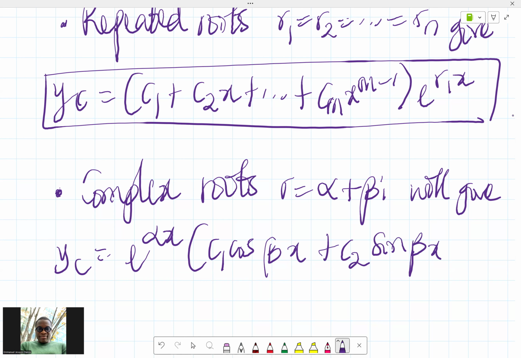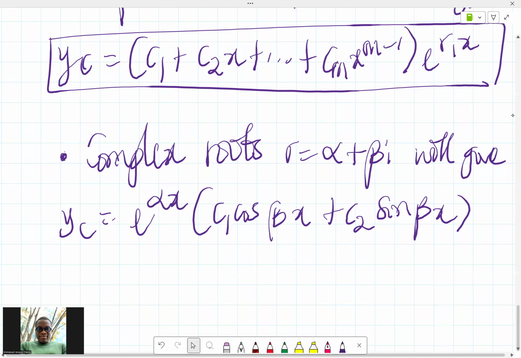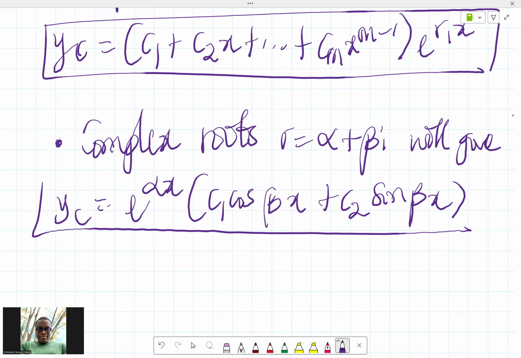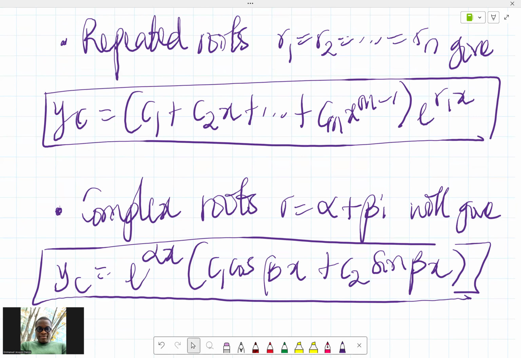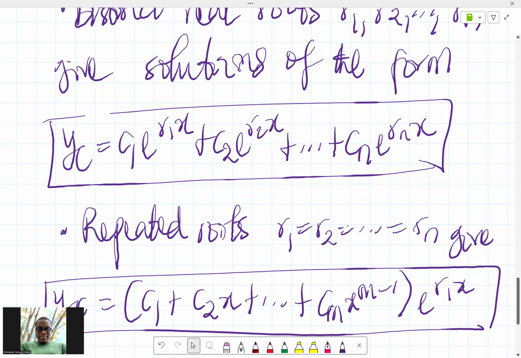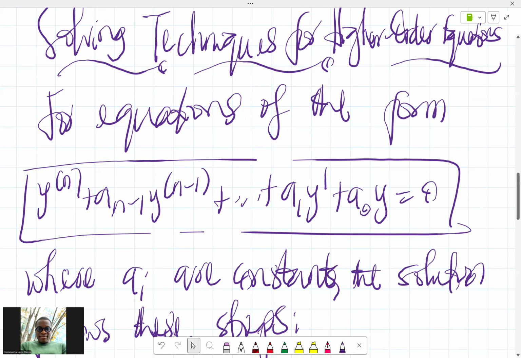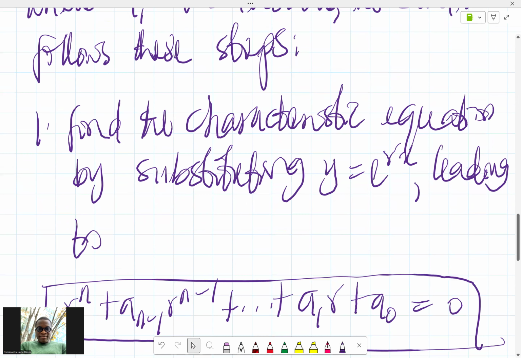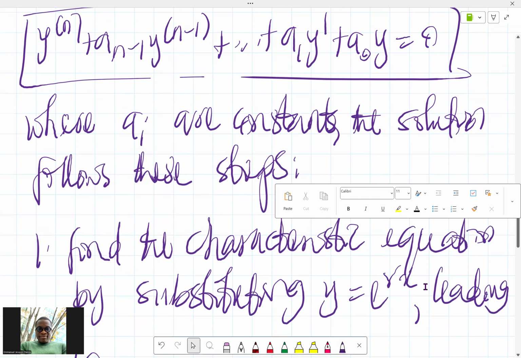We saw this much when we were talking about the characteristic equation method for non-homogeneous equations. So that's for homogeneous equations rather. So when we talk about homogeneous ones, this is what we have. So that goes.